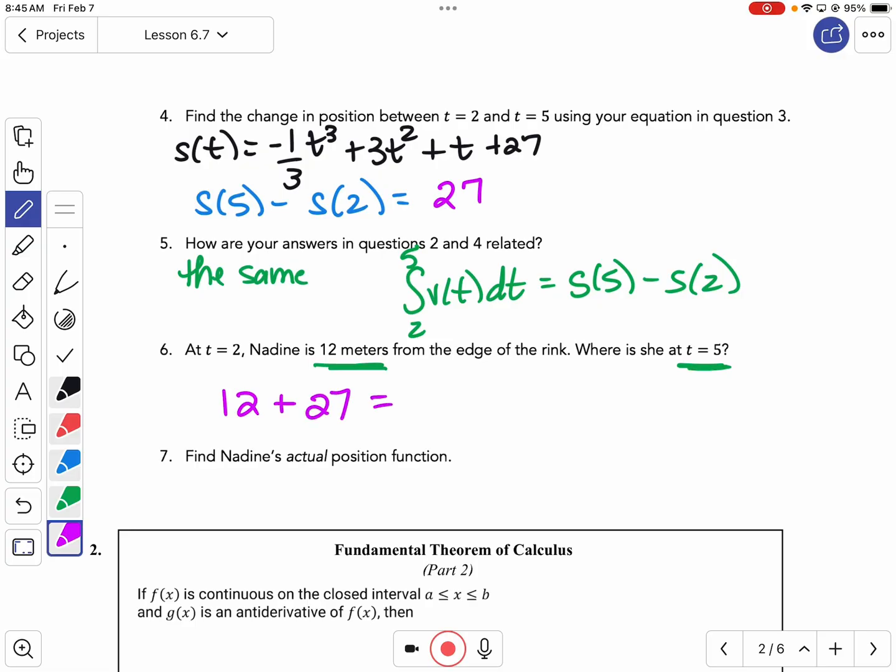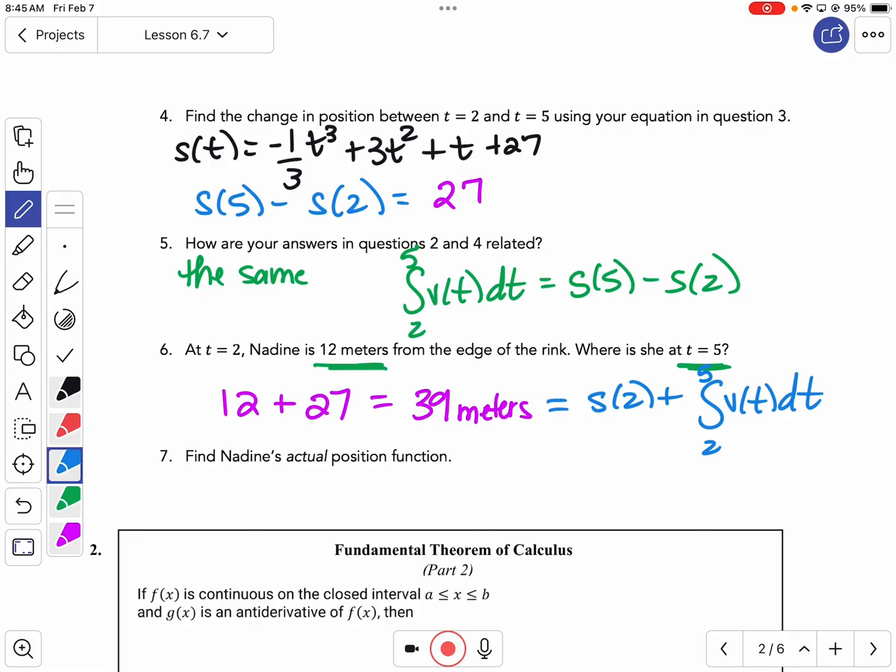And so her total distance there was what, 39 meters? So what we did right there is we took S at 2 and we added that integral to it. Those are the same things. They gave me the position at 2, and then we did the accumulated change after 2 to get all the way to 5.